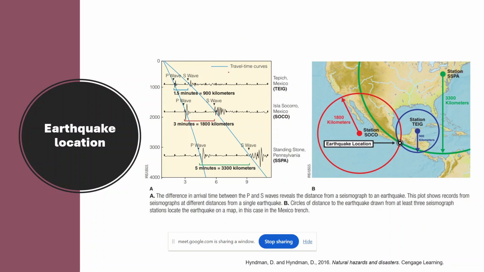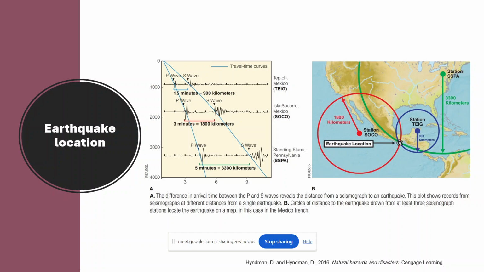That difference is first calculated, and then keeping that difference as the radius of a circle, they draw the circle around this area. Where the three circles intersect, you can see this blue circle, this green circle, and this red circle. They all intersect at this point, and then they deduce this as the epicenter of the earthquake.